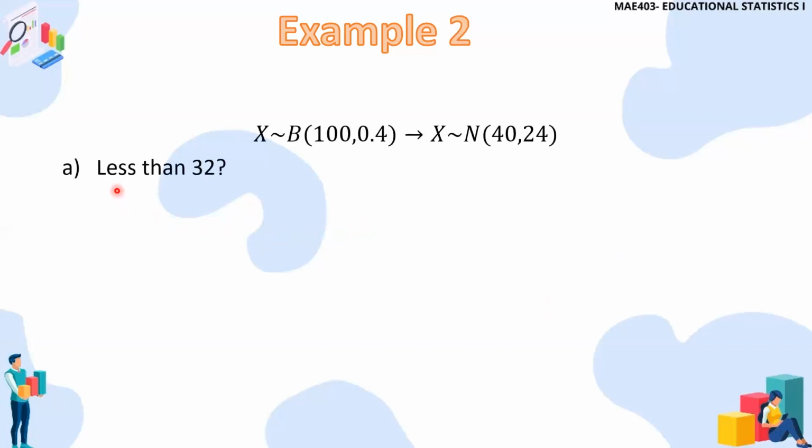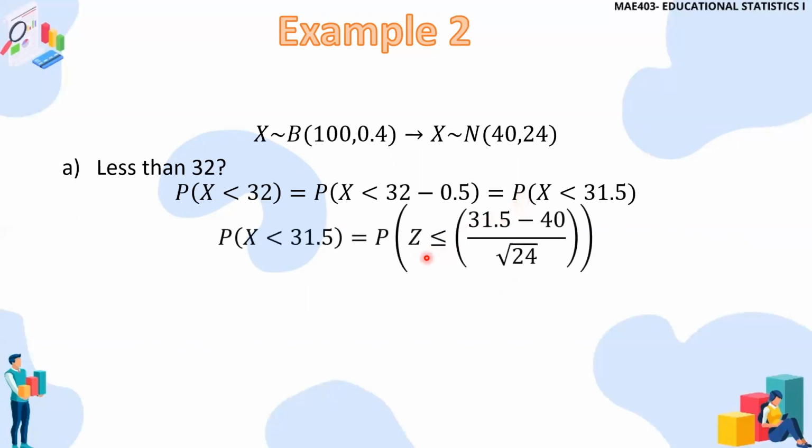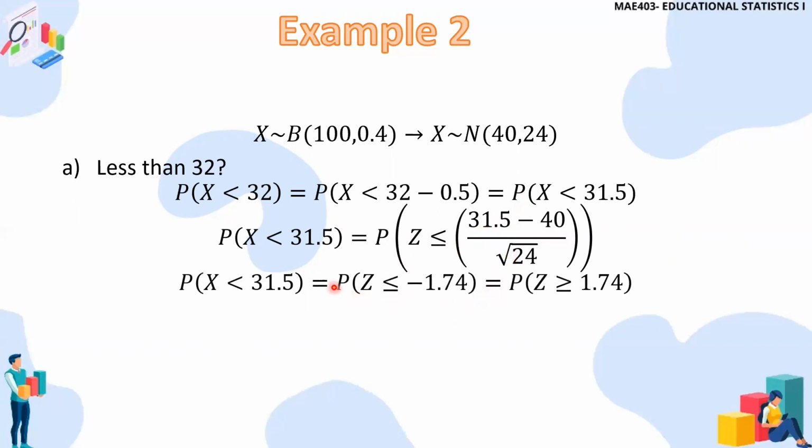Okay, the first question is the probability of the drivers involved with the accident less than 32. So P(X less than 32). So you need to minus 0.5 with the continuity correction. Alright, so probability X less than 31.5. So approximate to the normal distribution, (31.5 minus mu) divided by standard deviation. So you will get the probability Z less or equal to negative 1.74.